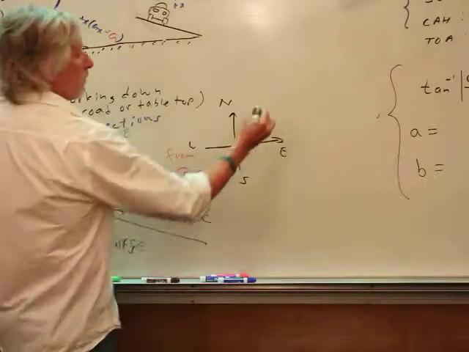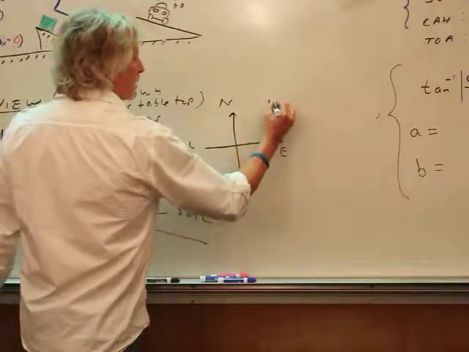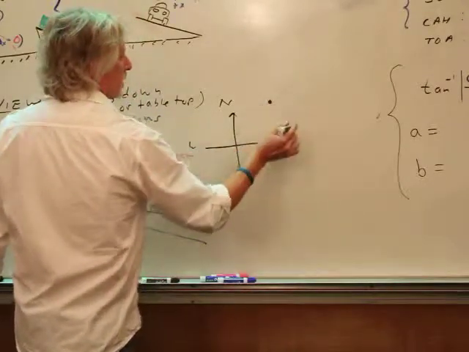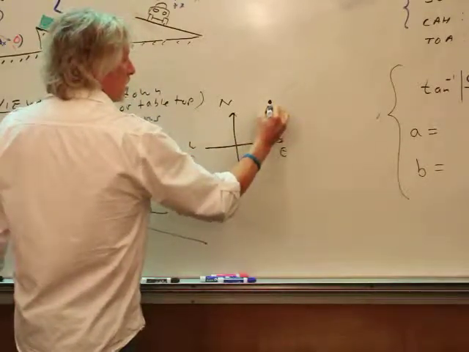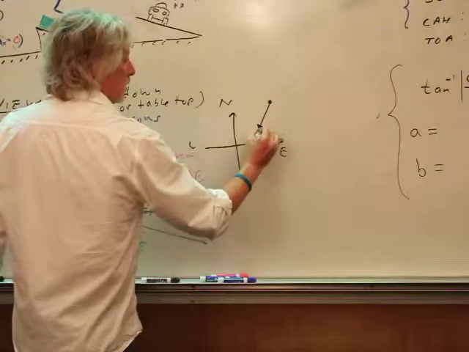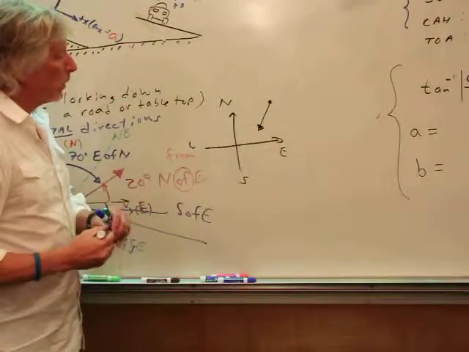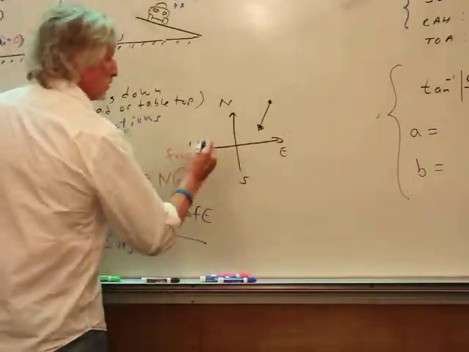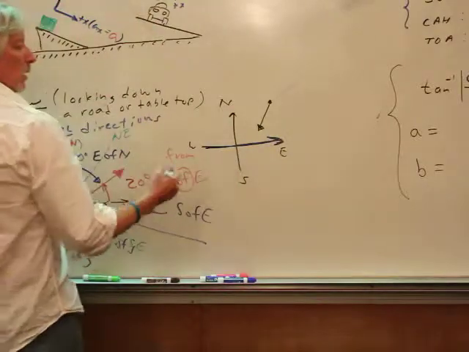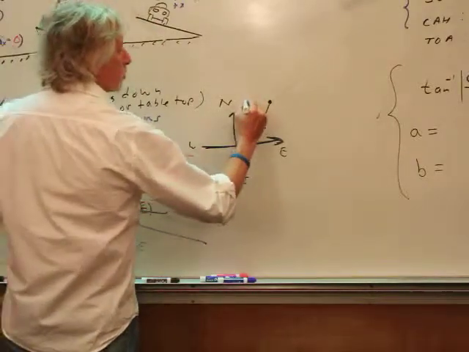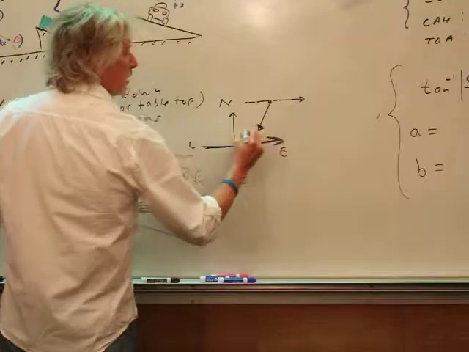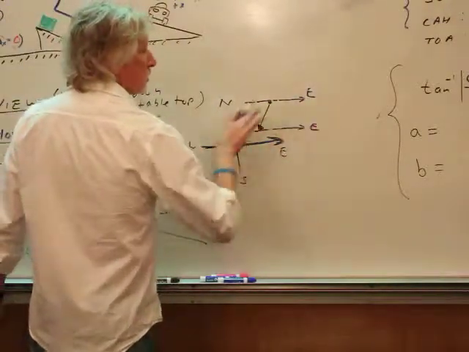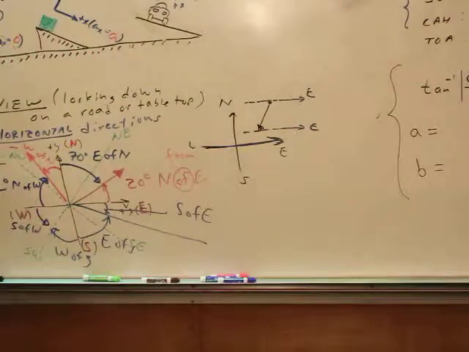But if I have a vector over here, and it's heading, say, this direction, I can head back this way. Well, what I do is I take my coordinates, and let's color code them. And I place that through the tail. So this is east, that's eastward, and through the tip.